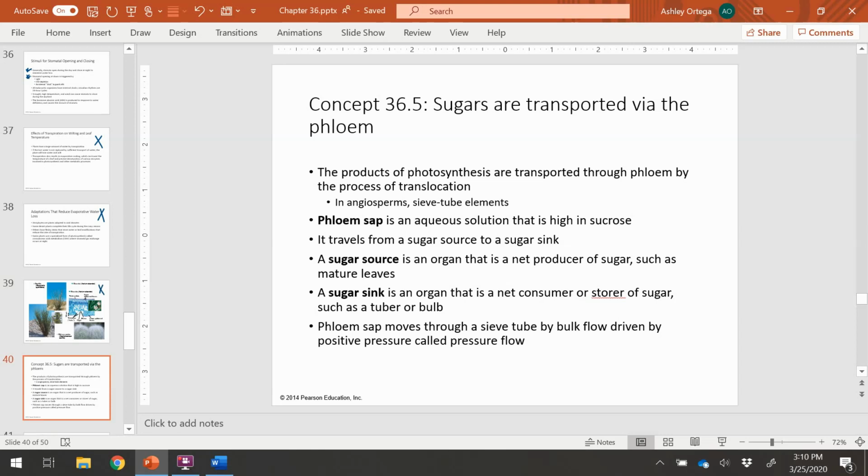A sugar sink is anything that consumes or stores sugar, that's receiving sugar. So it's going from where they make sugar, or where sugar is found, to where it needs sugar. And this is through positive pressure called pressure flow. So you'll want to understand all of this here.